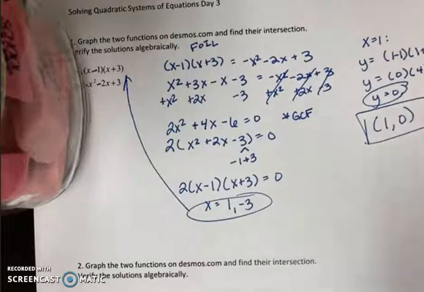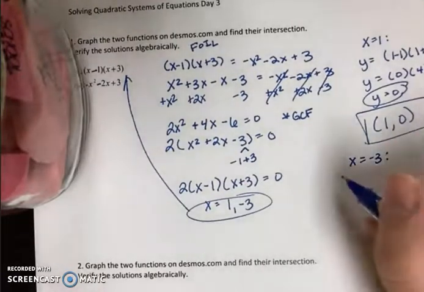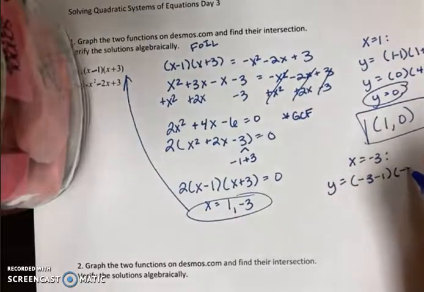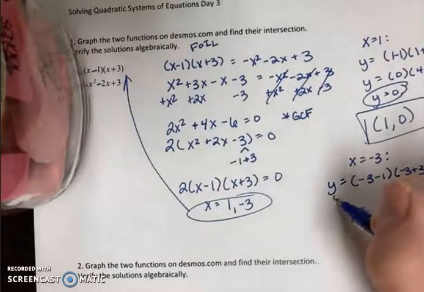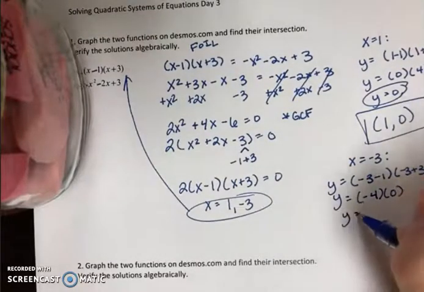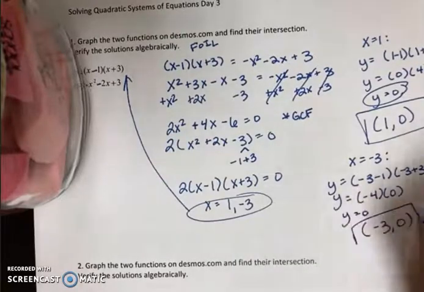Okay? And when x equals negative 3, plugging that into my first equation, that's y equals (negative 3 minus 1)(negative 3 plus 3). So that's y equals negative 4 times 0, which is 0, giving me a coordinate of (negative 3, 0).